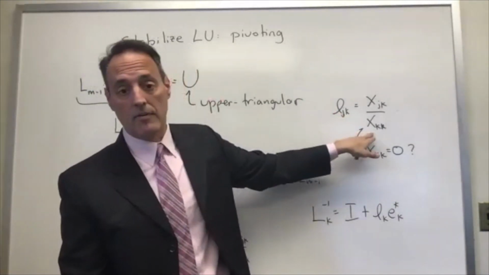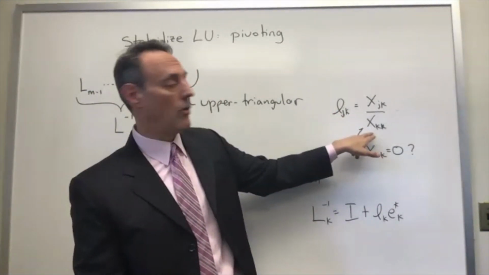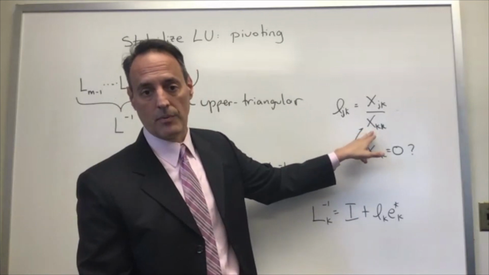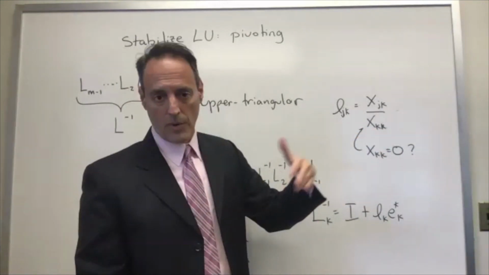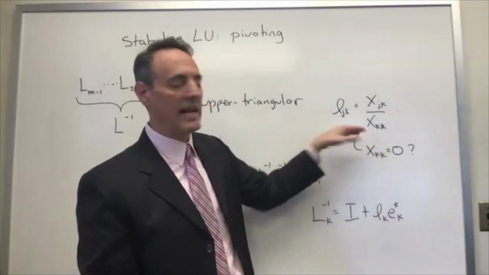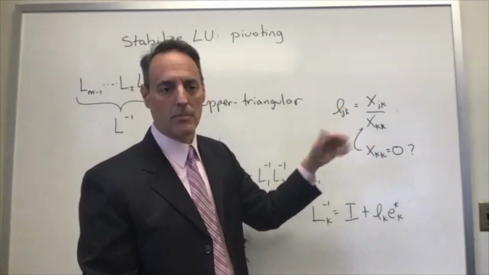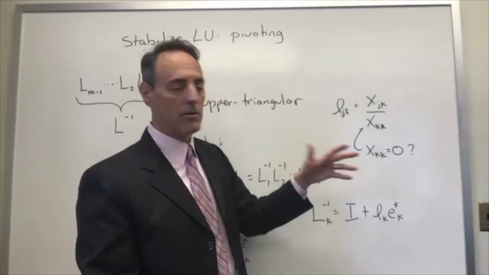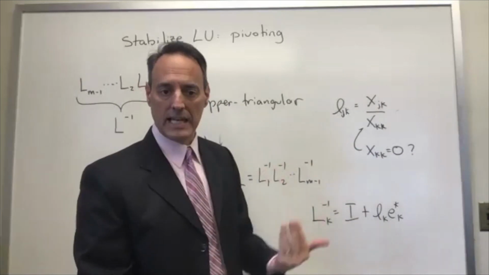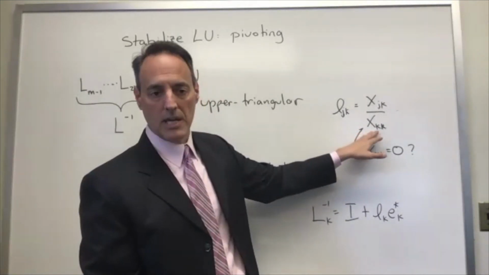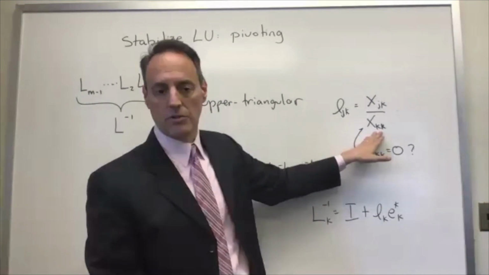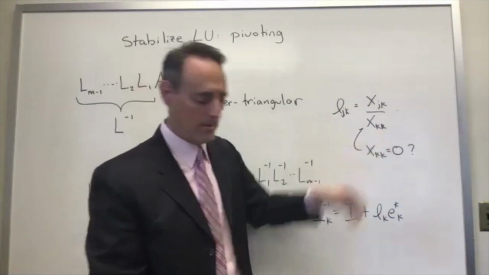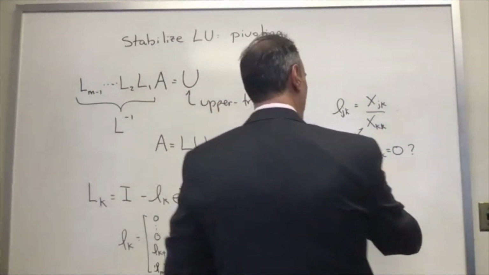But more than that, it's not just if it's 0. What if it's close to 0? When we did Gaussian elimination by hand, we always said if it's exactly 0, it's a problem. If it's non-zero, it's not a problem. And what we're saying now is, yes, but when we do computations, if things are close to 0, it's still a problem. In other words, we can ask the following question.